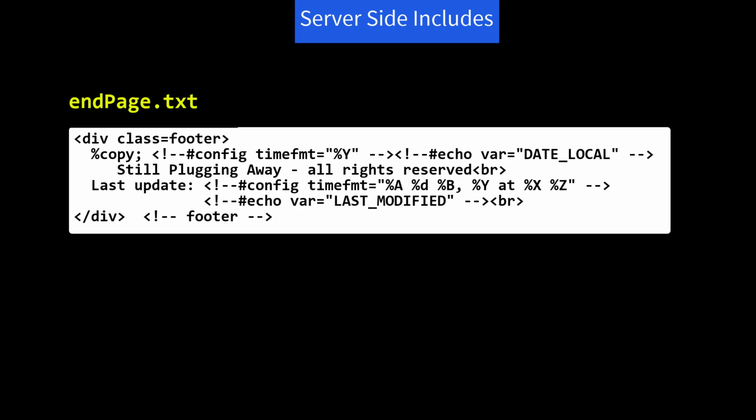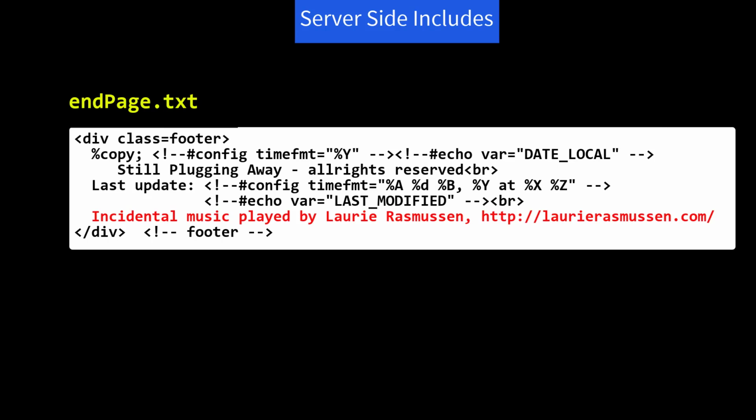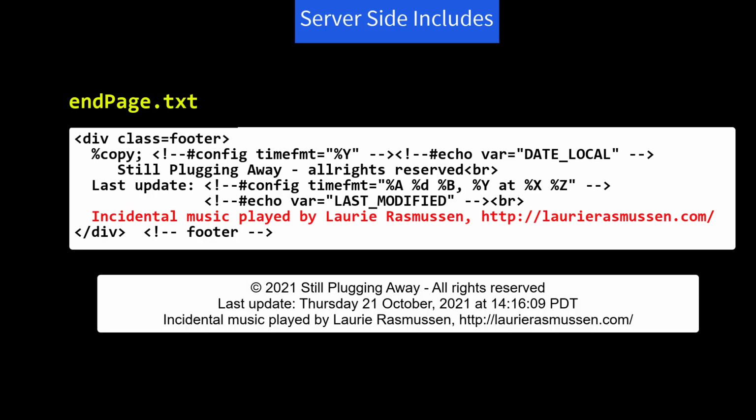Then, when my friend Lori Rasmussen gave me permission to use her music in my videos, I just needed to add this line, incidental music played by Lori Rasmussen, and include her website URL. Add that to endpage.txt, and now all my pages end with the copyright notice, the last update, and the incidental music line.